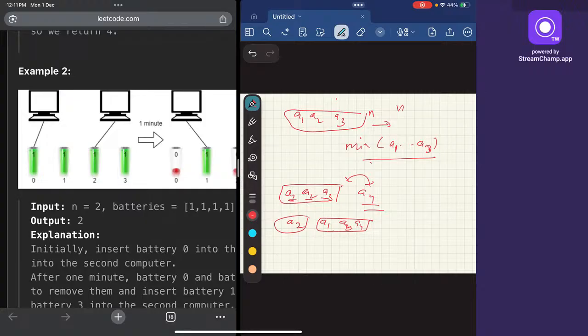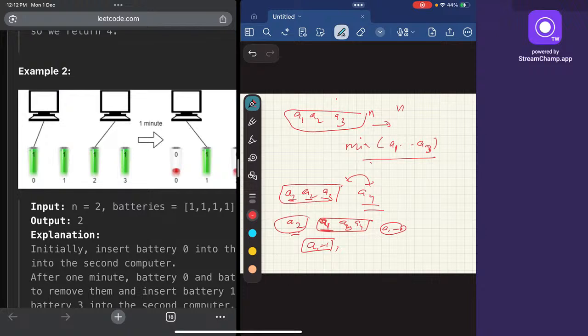Now what I can do, I will run for a1 minus 1 time, and I will swap it with a2. Then battery percentage of a1 will be dropped by a1 minus 1.